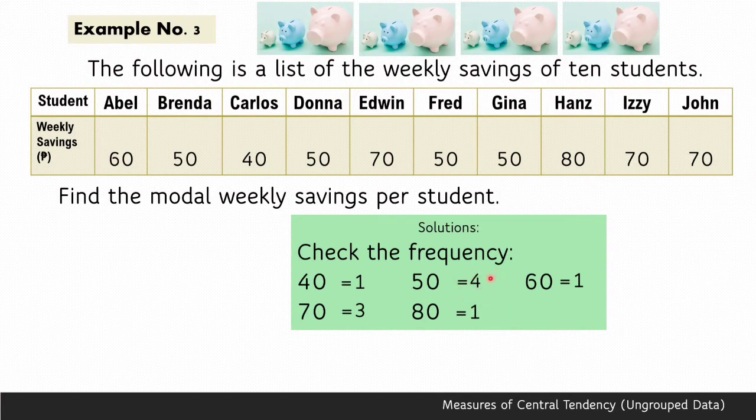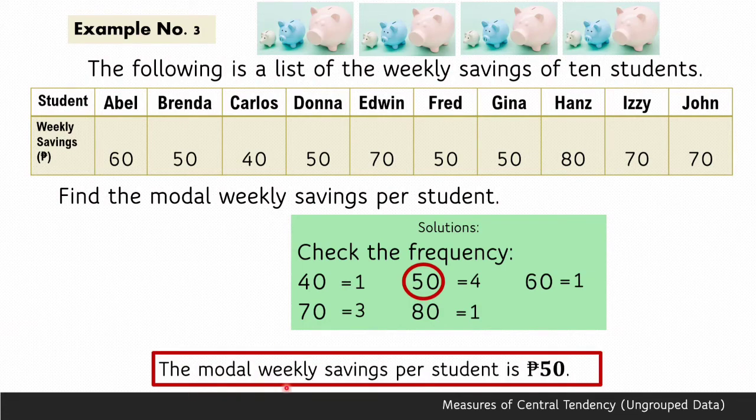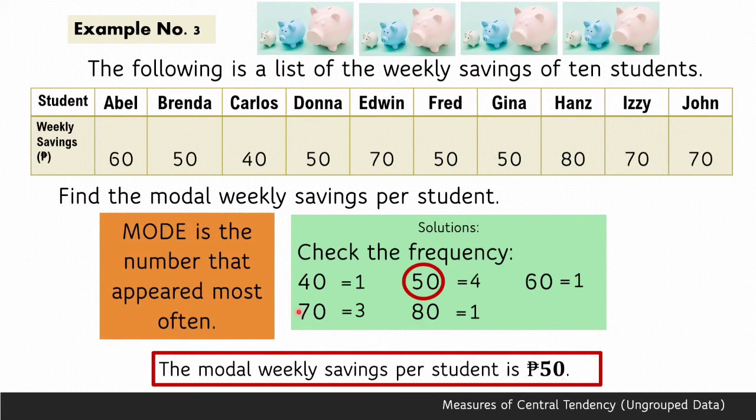Okay? Therefore, since this is the highest frequency, the number is 50. This pertains to the mode of our data. It appeared most frequent in the data. Therefore, the modal weekly savings per student is 50 pesos. Don't forget, mode is the number that appeared most often.